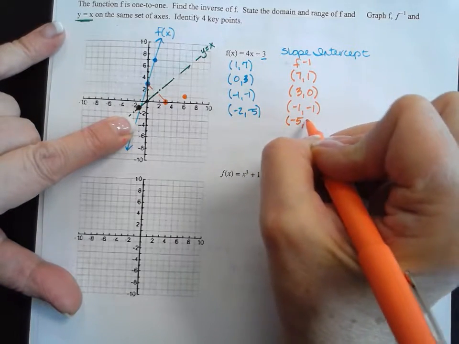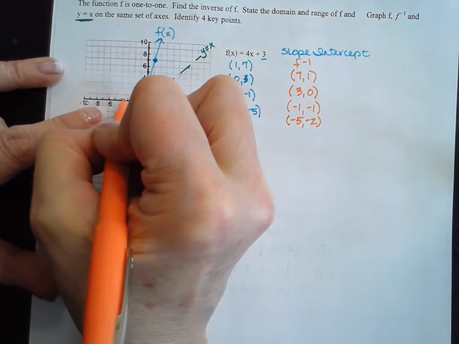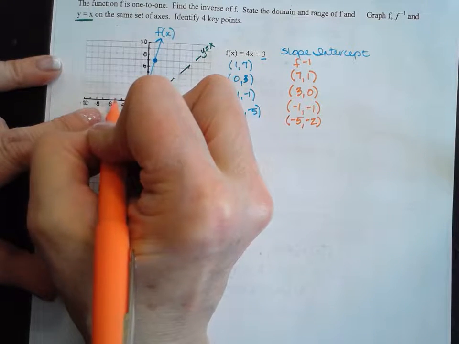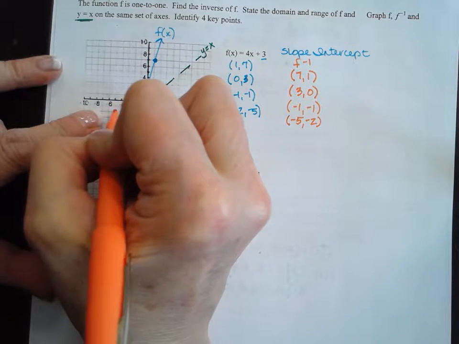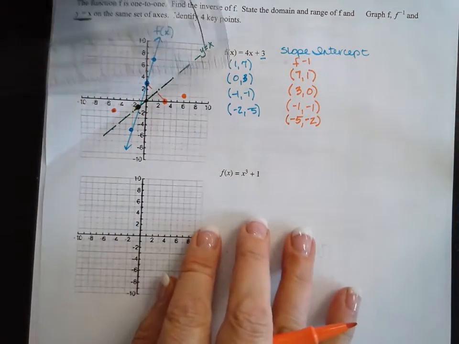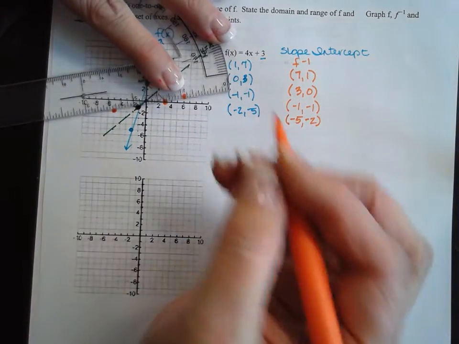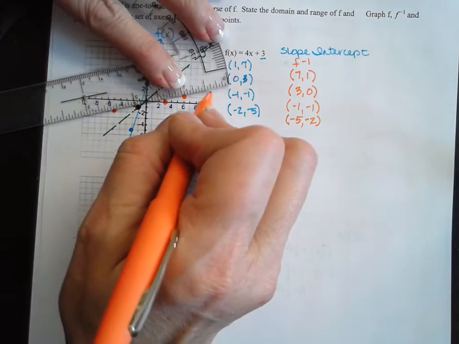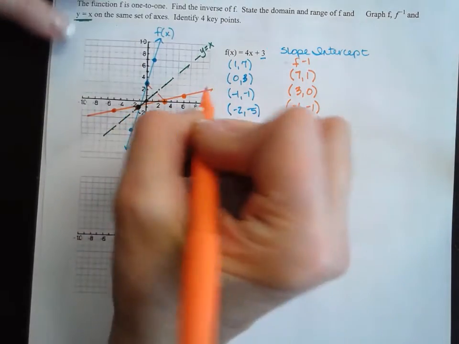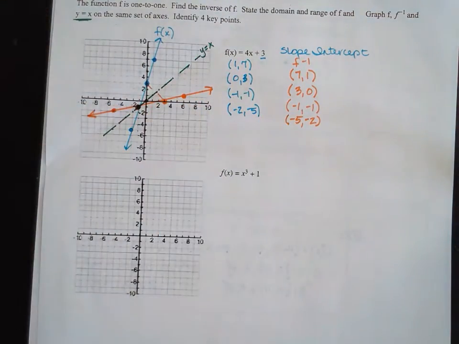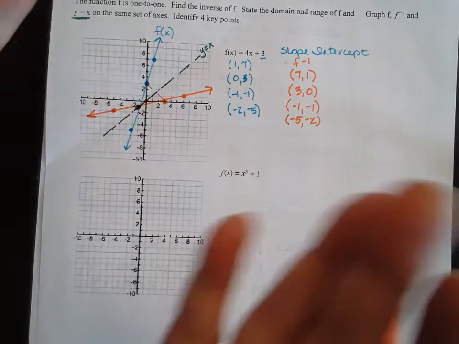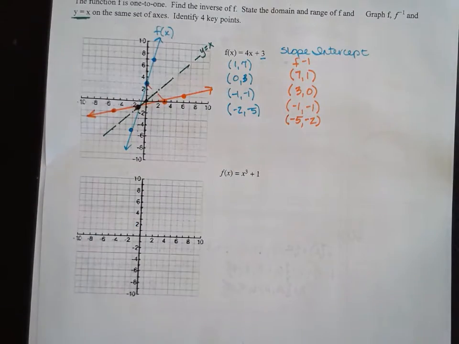And then -5, -2. And so now it looks like the symmetrical reflection. Good.